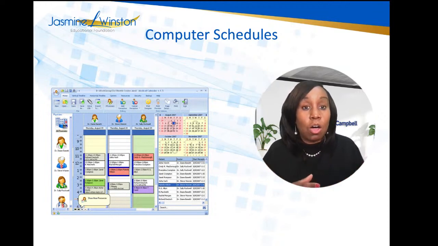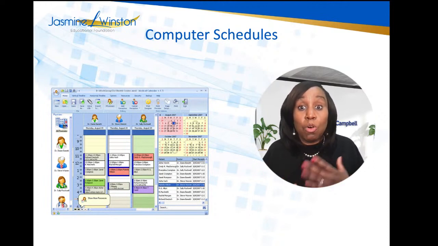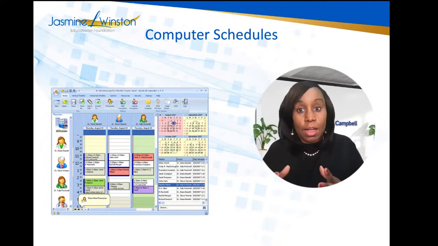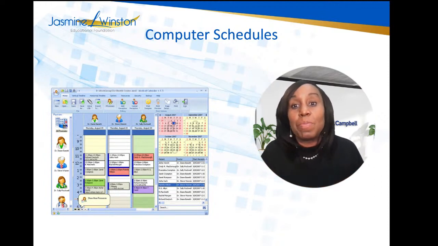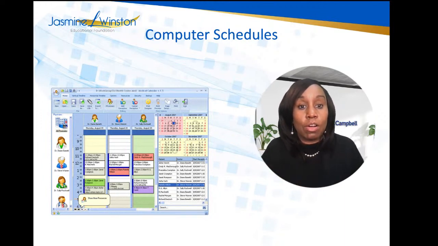And my doctor called me, or the office called me, and said, hey, the doctor won't be available on that day, so we need to move you to a different day. And so when I called them up, they have a computerized scheduling system, and what they were able to do was tell me what slots were available.